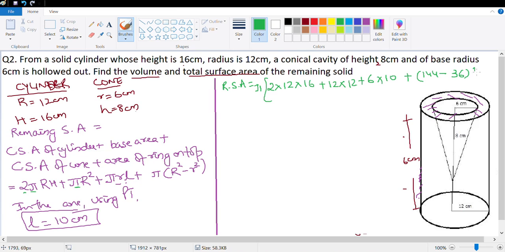Let's reconfirm. 2RH, 2 into R, 12 into H, 16, plus R square, which is 12 into 12, plus rL, which is 6 into 10, plus R square, that's 144 minus 36.